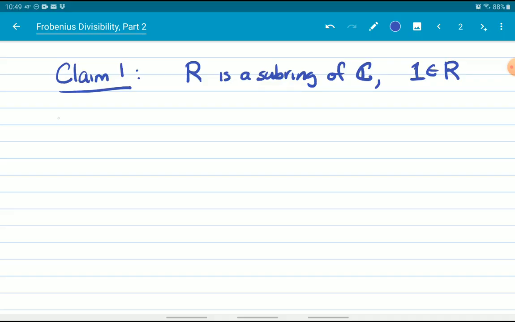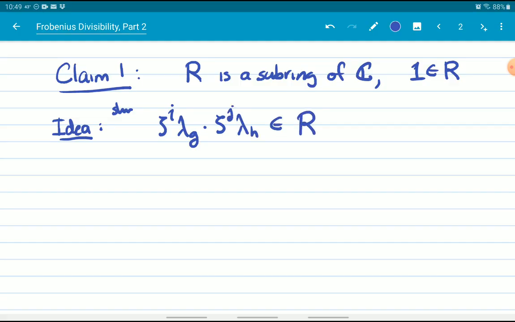Okay. What's the idea? We need to understand how to multiply two elements of this type. So I'm going to show that if I have one of these generators, zeta i times lambda g, and then I have another one, zeta j times lambda h, then the product is in R. So this expression is zeta to the i plus j times lambda g lambda h.